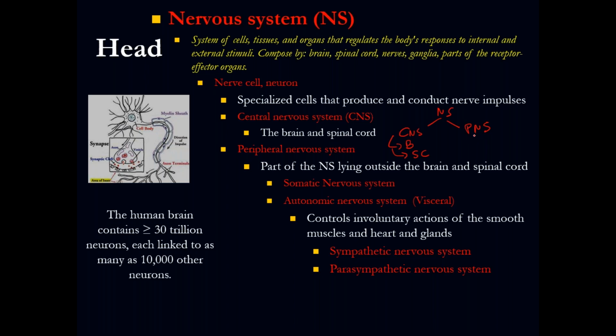And the peripheral nervous system will be the voluntary and the involuntary, or autonomic. The voluntary is going to be the striate muscle. The autonomic is going to divide into sympathetic and parasympathetic. Okay?